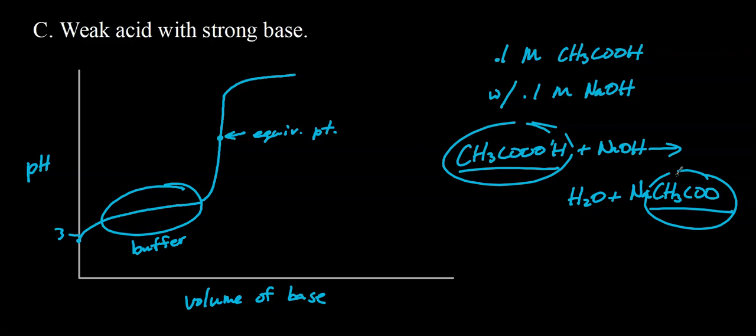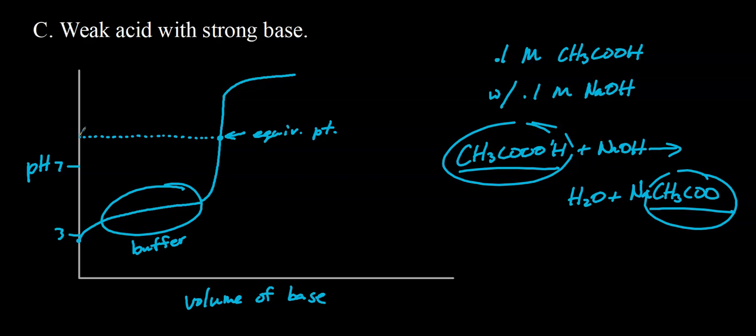Now, interestingly enough here as well, what do you notice? That's the equivalence point of this titration, and this is true of any titration like this, titrating a weak acid with a strong base, the pH at the equivalence point will be greater than 7.